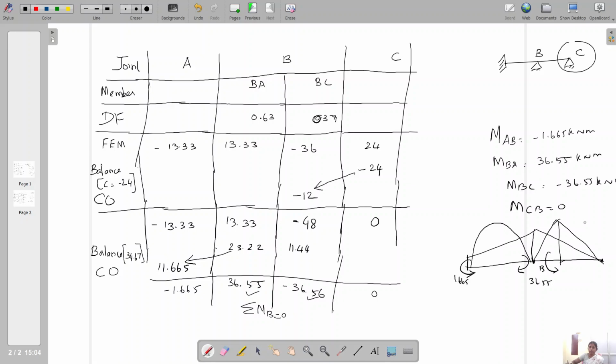Here the value is W a b by L, which is the value of 60. Here W L square by 8 is the value of 20. So this is the BMD for this problem.